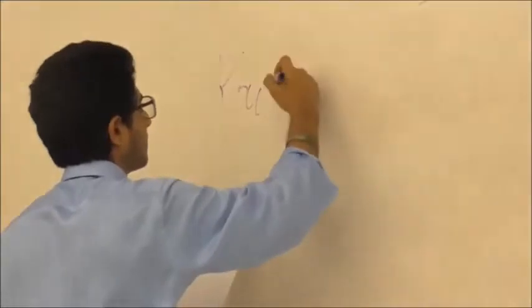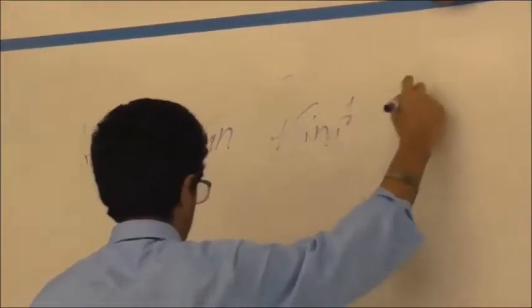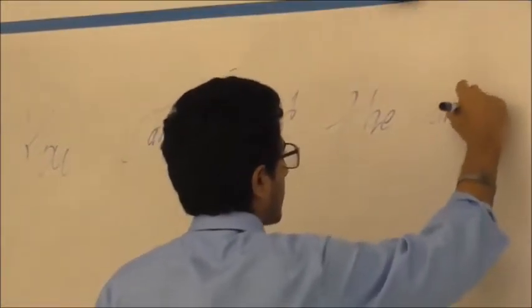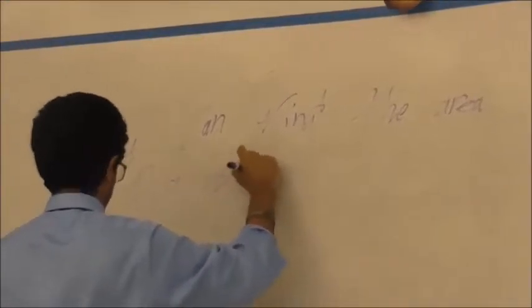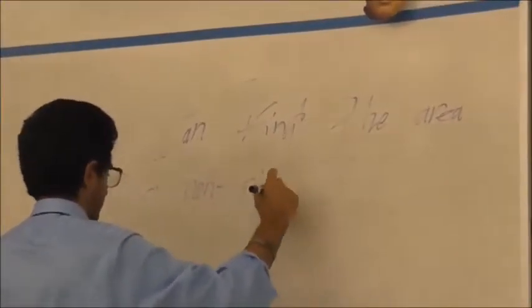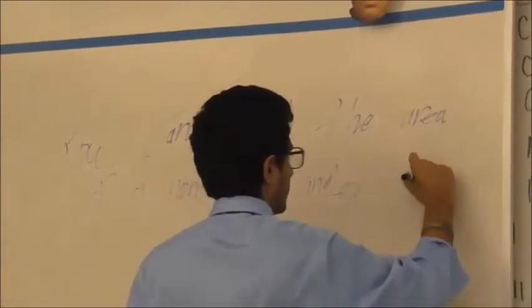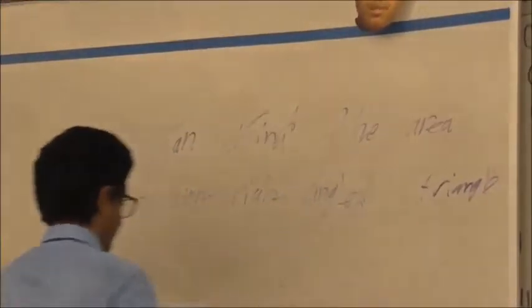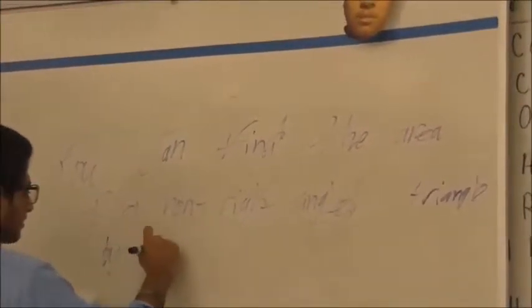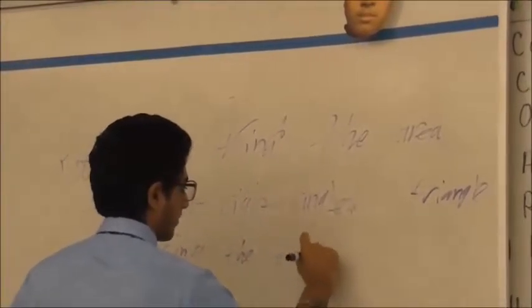Class, we're going to continue our notes. You can find the area of a non-right angle triangle by using the formula.